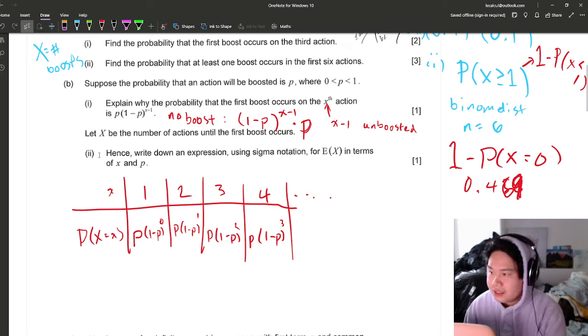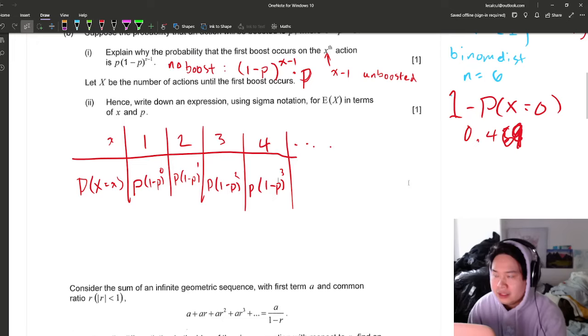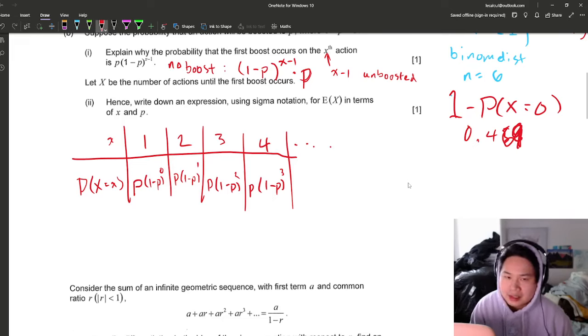And if you want to calculate expected value, if you have this table, then you just take X and multiply it with P and then sum these up. And because this is an infinite thing, it could go on forever. It depends on how many actions you perform in the game, which is theoretically infinite. That's why they ask you for sigma notation.